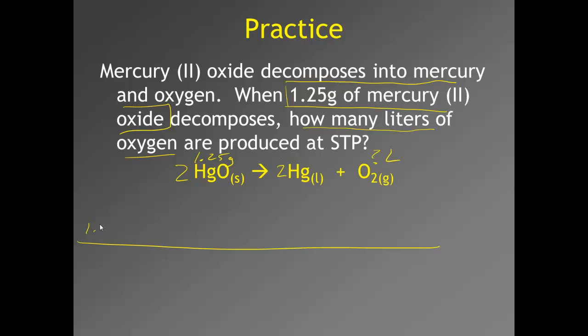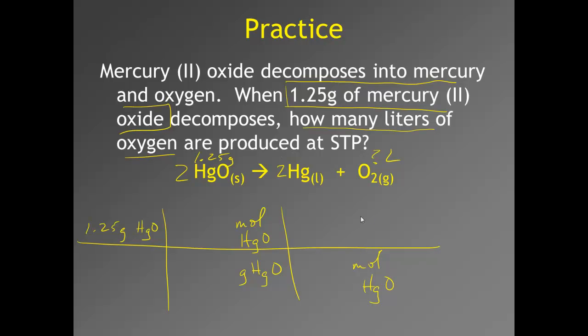Okay, 1.25 grams of HgO, that's my mercury 2 oxide. Diagonal down, same units, grams of mercury 2 oxide. Up top, the only place to go from grams is to moles of mercury 2 oxide. Diagonal down, same units, moles of mercury 2 oxide.